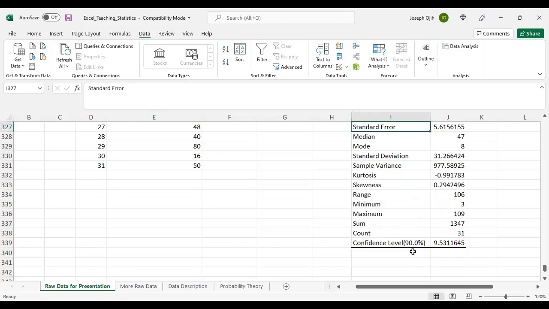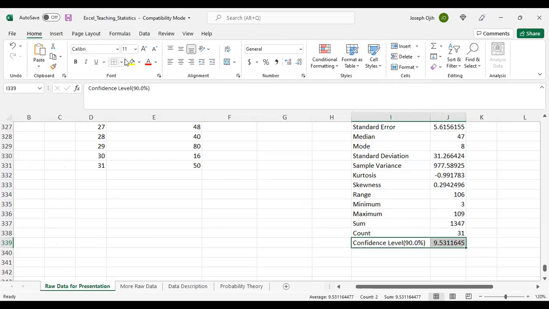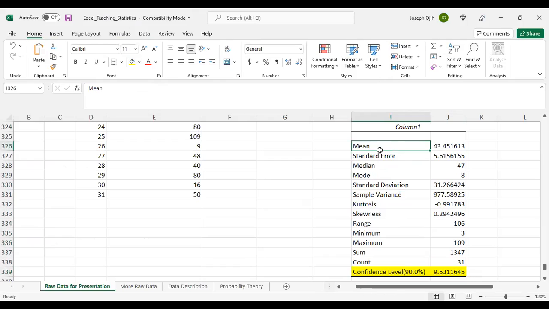You can see everything. Then they give you the confidence level, which is very important. They give you the confidence level, and it gives you the mean as well. It also gives you the standard deviation.